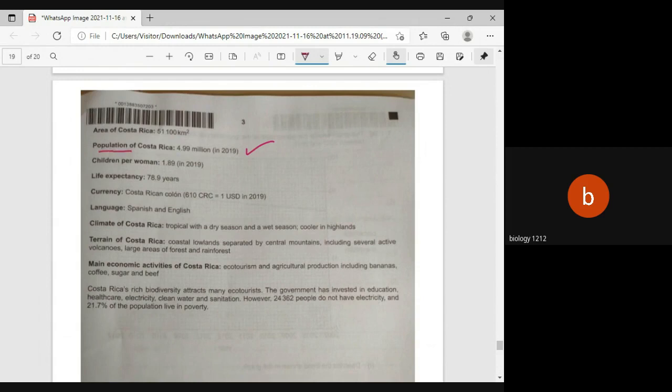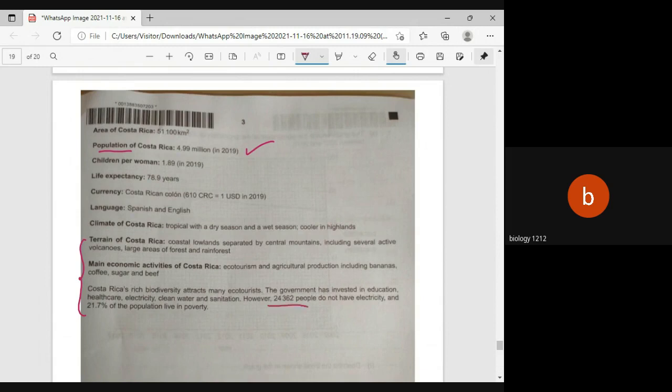Population is 4.99 million in 2019, and life expectancy, currency, and language are all given. Remember the population, and the last two or three contents are very important, whether related to Costa Rica's main economic centers and how much population is there.